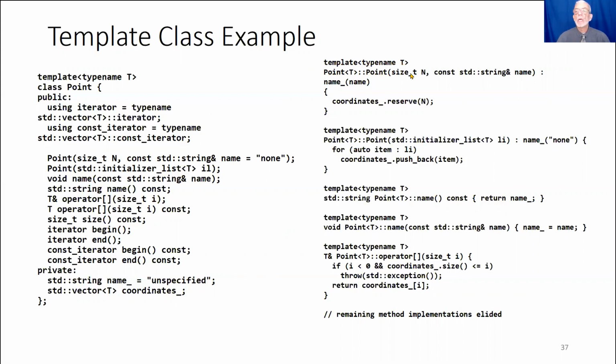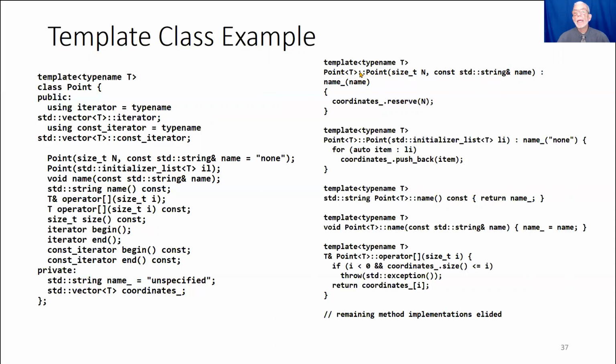So here's one of the constructors for the point class. Remember that any function with the same name as the class is a constructor for the class. And here I've said point of T, point, size of n, and the string name. So n describes the number of coordinates of type T, and string is just a name.